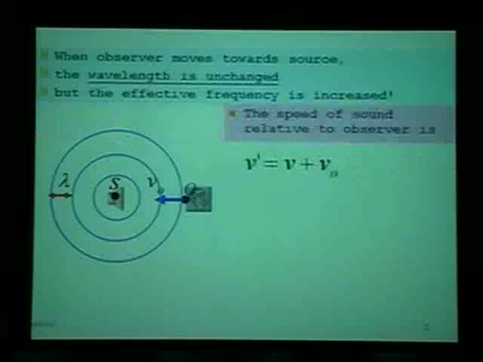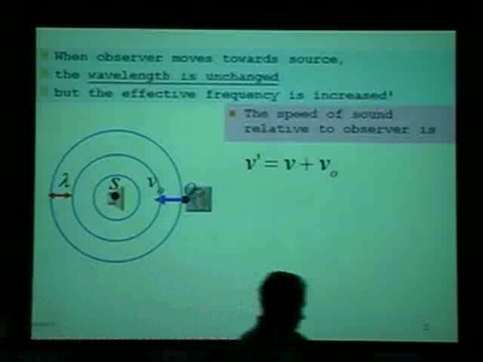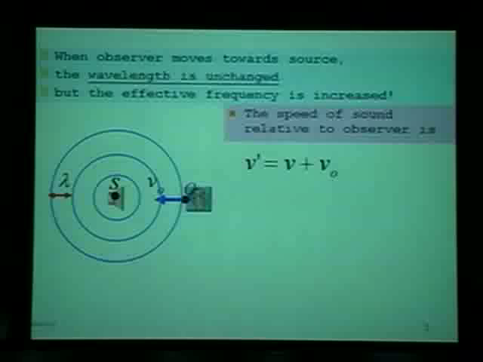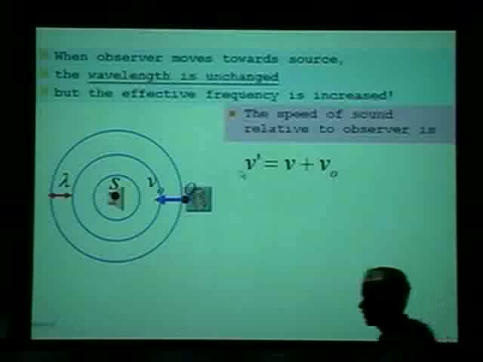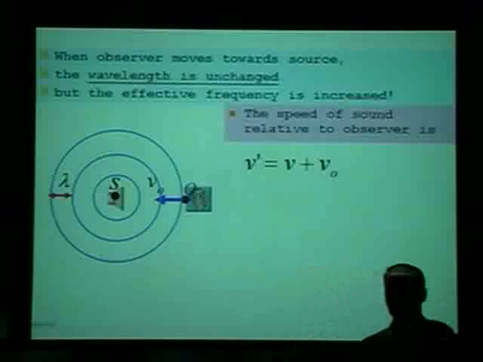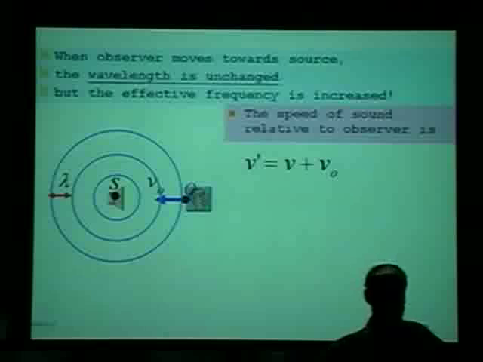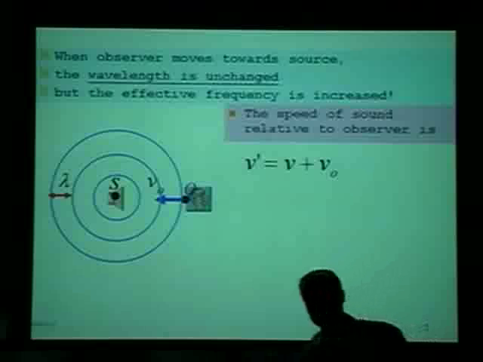Mathematically, it could look something like this. If the source is putting out sound with a certain velocity, which we've designated by V here, and I have a velocity, the velocity of the observer, I've effectively increased the velocity of sound by my velocity. So by moving towards the source, the sound that I receive is the true velocity of sound in air at this temperature plus my velocity.